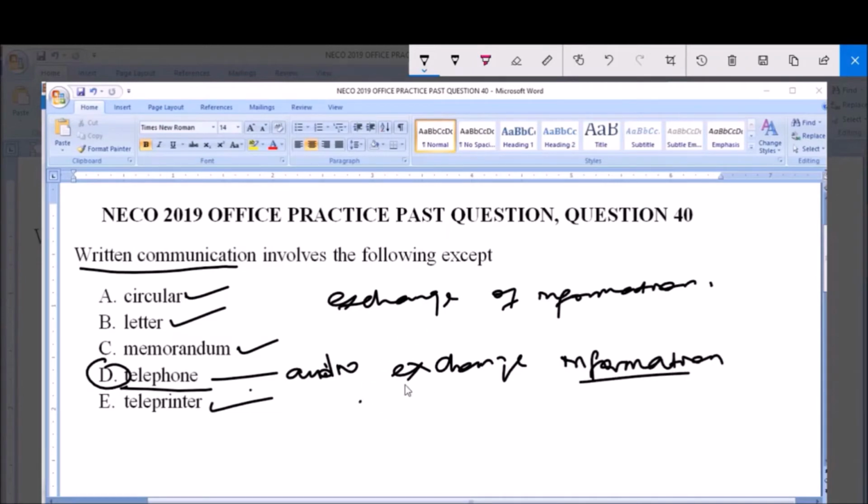It is not a written communication, it's an audio communication. And so therefore telephone, which is option D, is the answer to this question because it is not a written communication, it is an audio communication. So the answer to this question is option D, telephone.